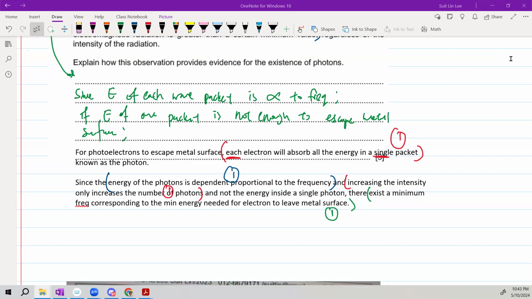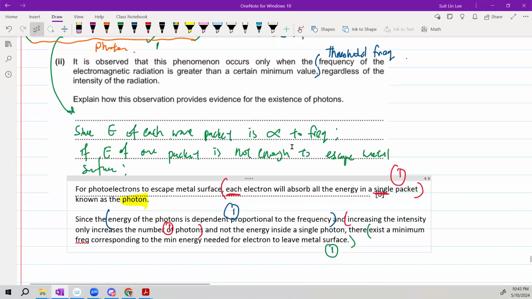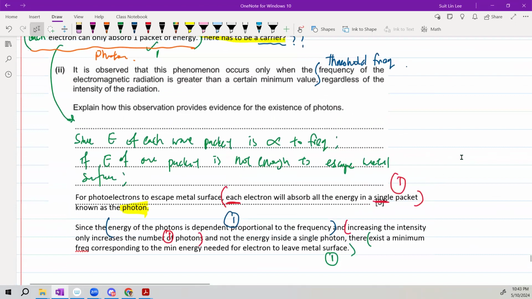So one electron absorbs energy in one single wave packet. This is already the photon. But of course, writing the first sentence is not enough. You need to link back to the question. So provide more description.